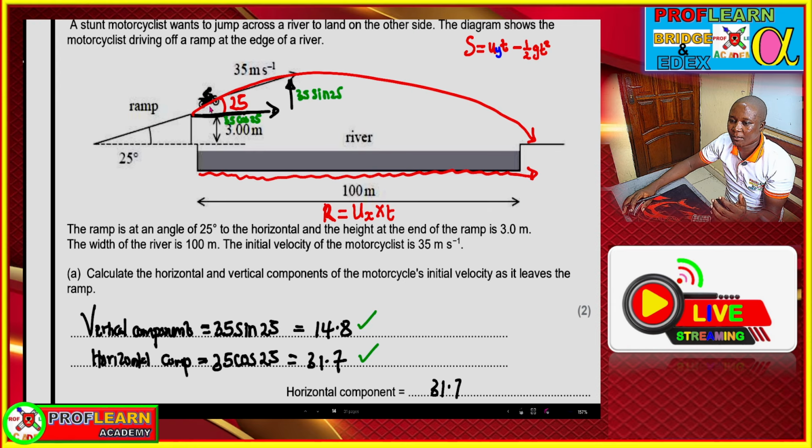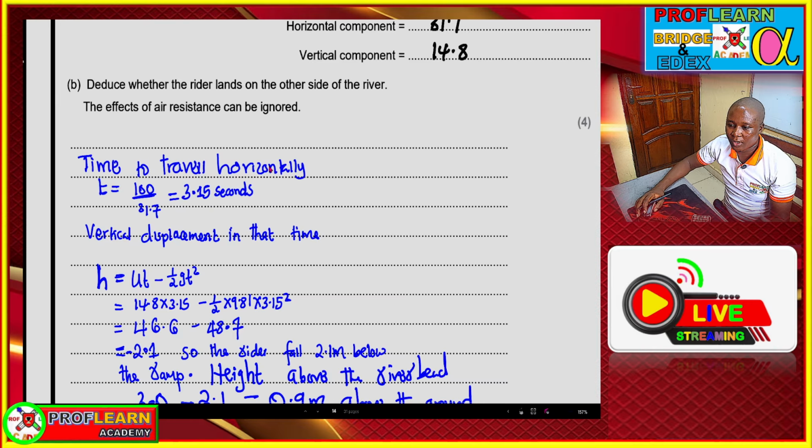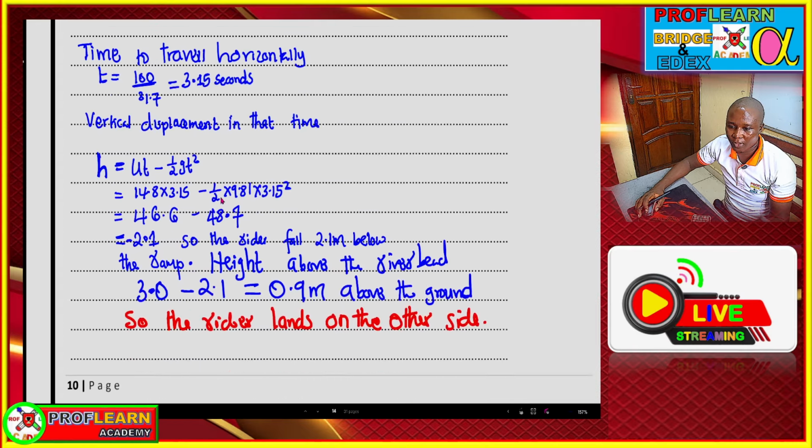So the time to travel horizontally is going to be 100 divided by 31.7, which translates to 3.15.